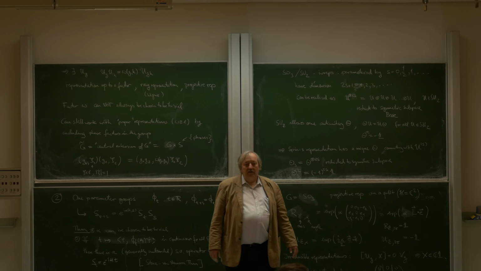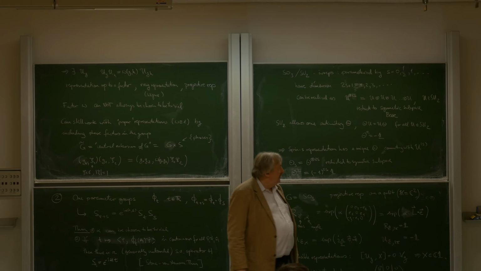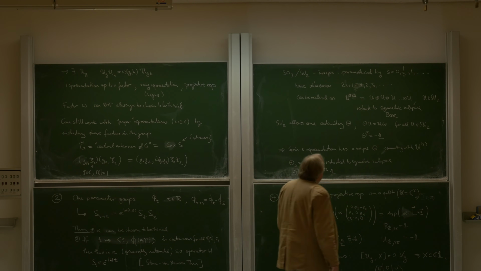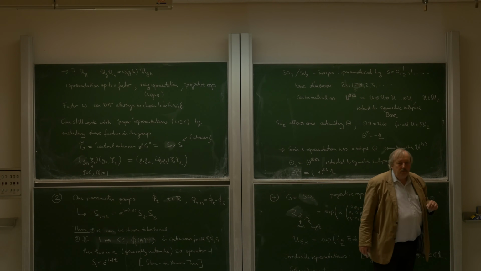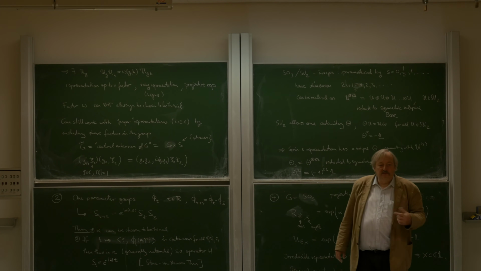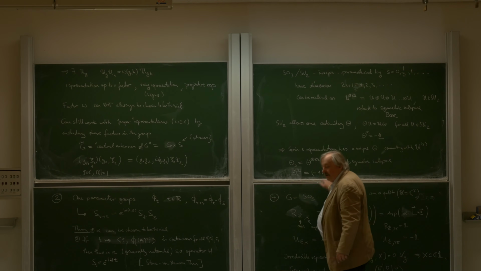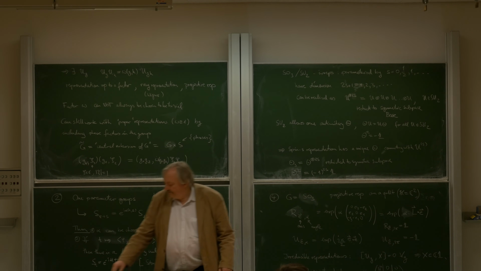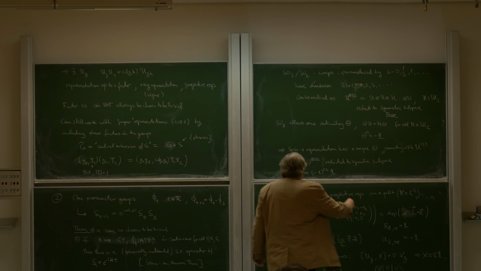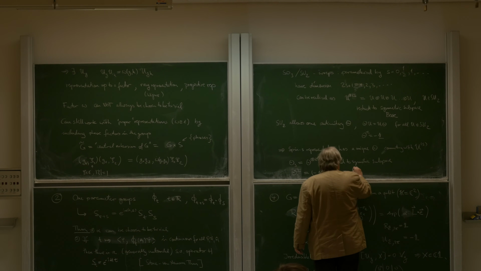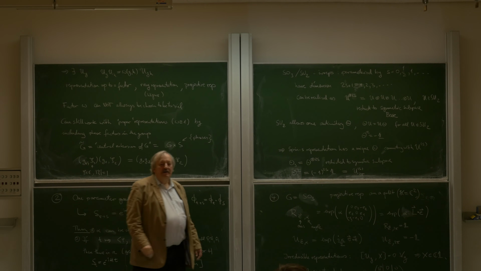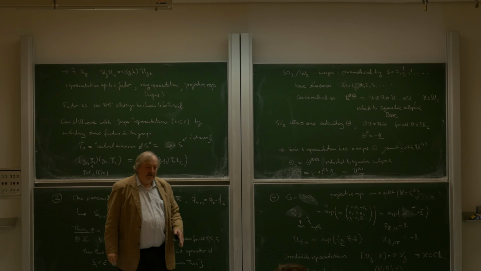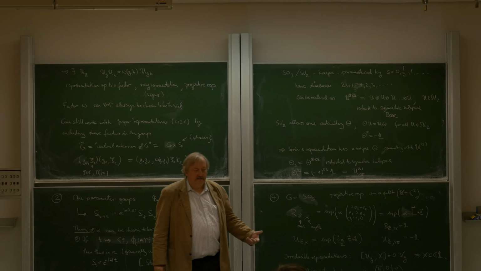And you can also see this in the representative of the rotation by 2 pi, which is -1 in the half-integer case, or 1 in the integer case. That's another way to memorize that.